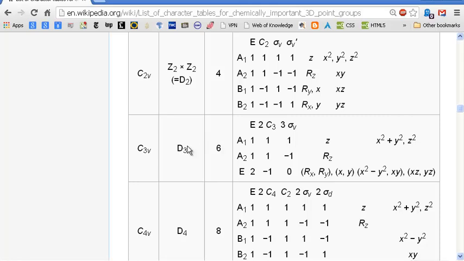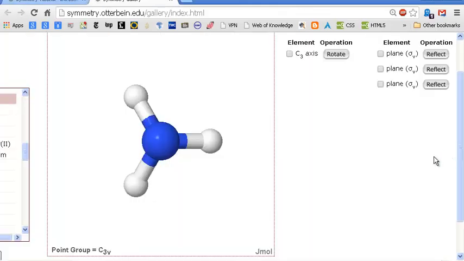C3V, you may remember, here's the ammonia molecule. That's C3V symmetry. C3V symmetry has a C3 axis, and it has 3 planes. And it also has the identity element, of course.